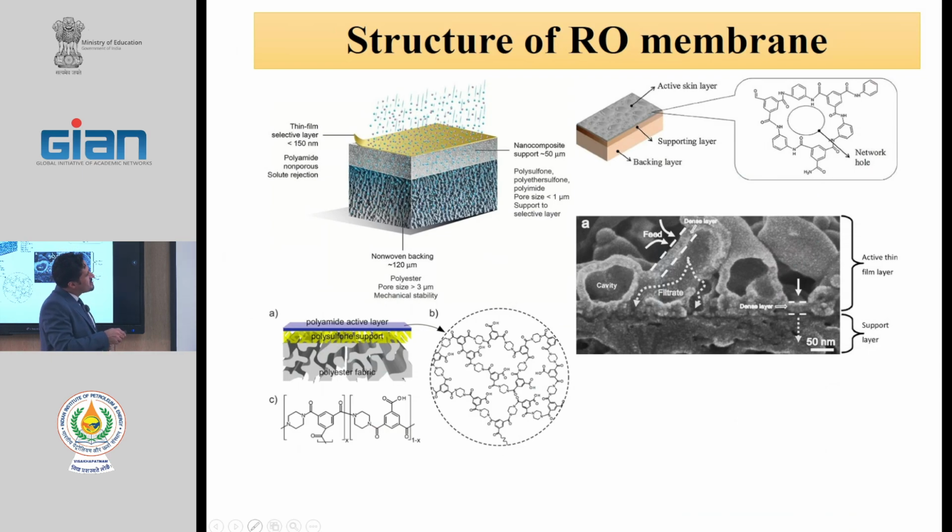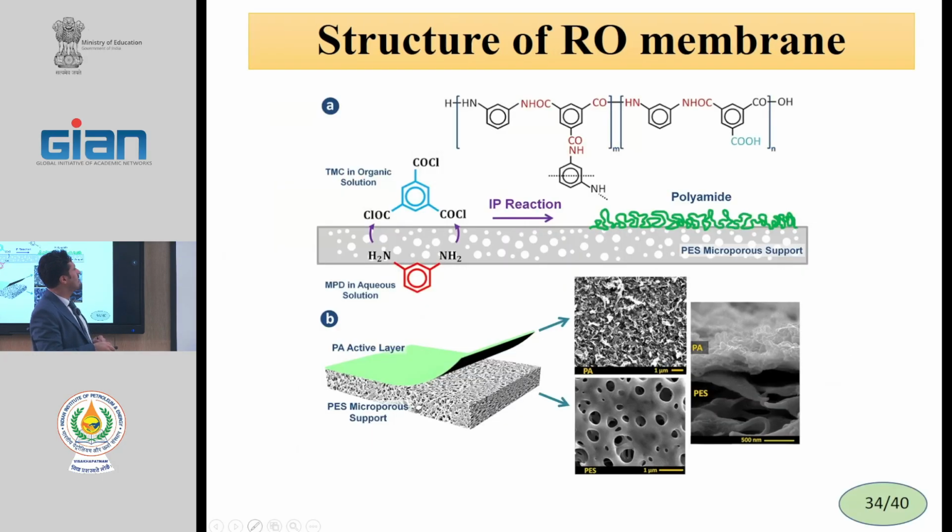We have very angstrom-scale pores, and in these pores only water can pass, and hydrated salts such as sodium and chloride cannot pass, because one sodium is hydrated with 6 waters and has a big size and cannot pass.